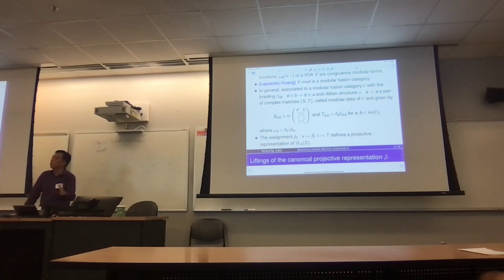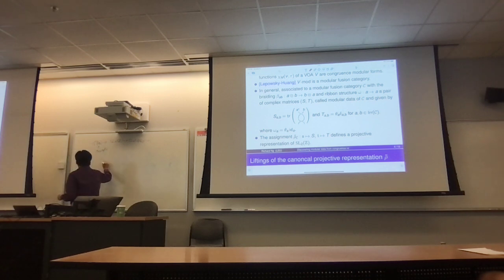Braiding is a natural isomorphism to switch two objects A and B, here the small a, small b, I mean the simple objects in the category. So we usually write a braiding this way. I read it from the top to the bottom, but it never mattered actually.